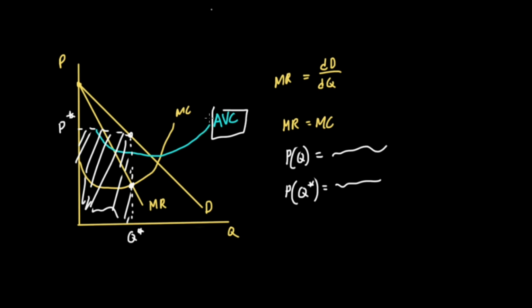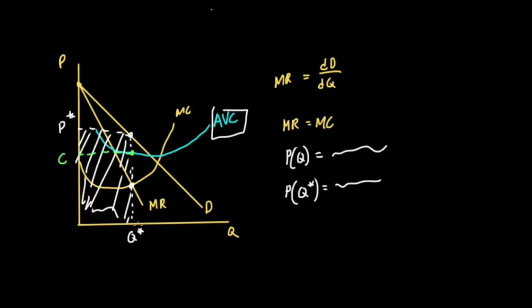And that's why I labeled it in blue, because it's an important piece to analyze here. And so when the firm produces at Q star, the firm actually incurs, let me use green, this much cost. And we'll denote this as C for cost.